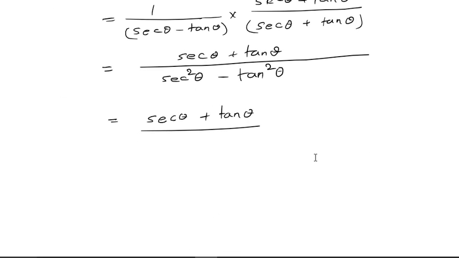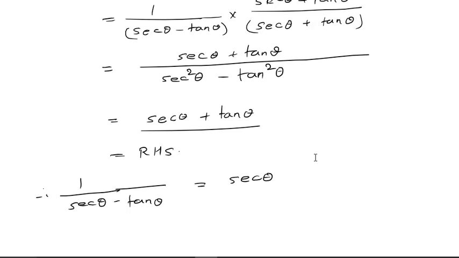So this is our RHS. Therefore I will say that 1 upon sec theta minus tan theta will be equals to sec theta plus tan theta. Hence we can say that proved.